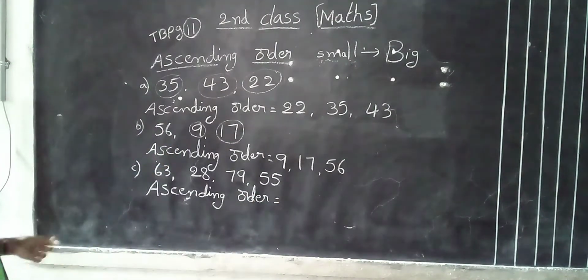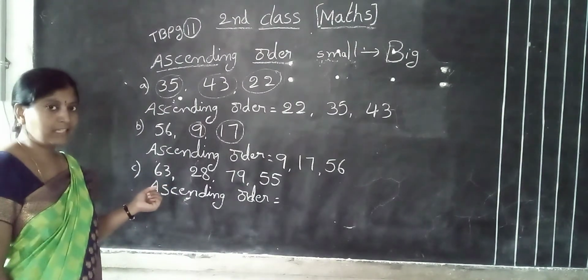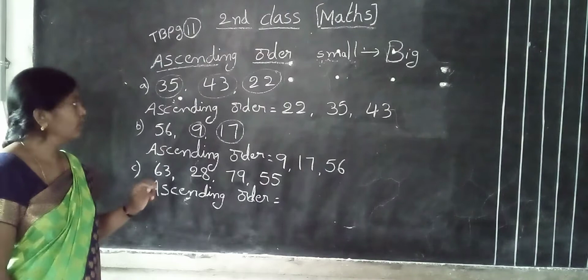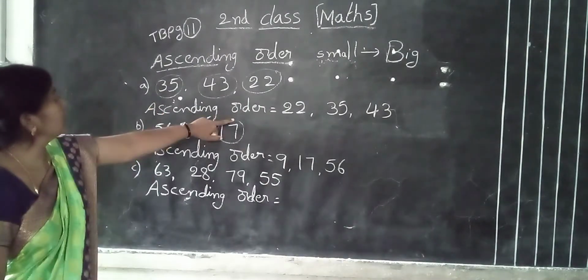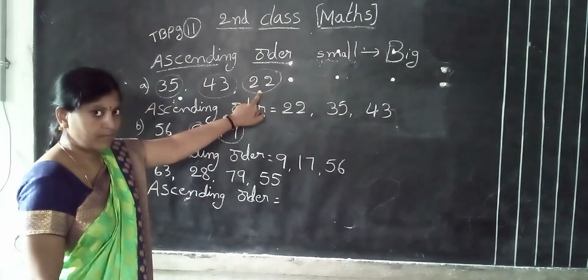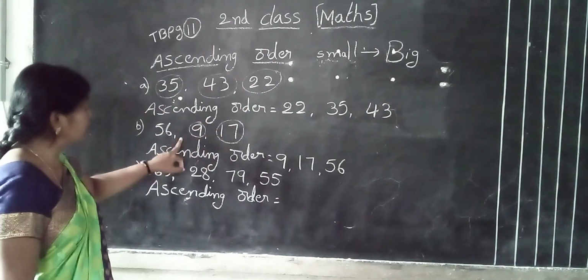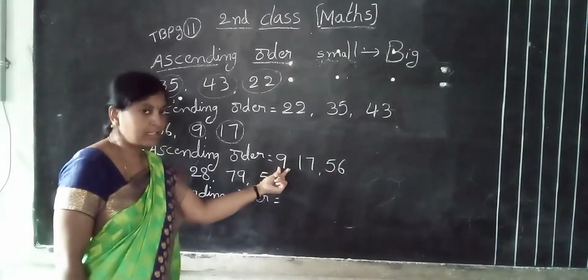Tell me children, ascending order. First we write what number? In this ascending order, first we write the smallest number. In this also, first we write the smallest number.